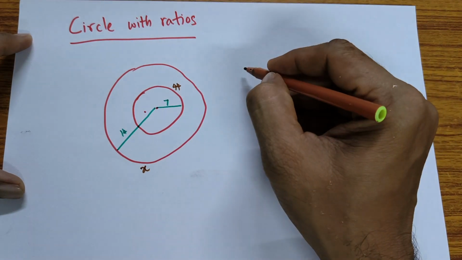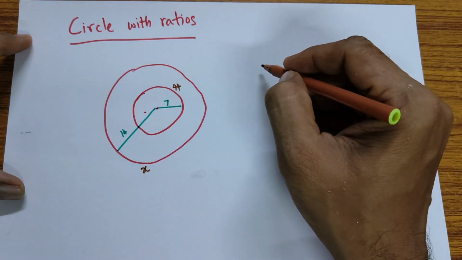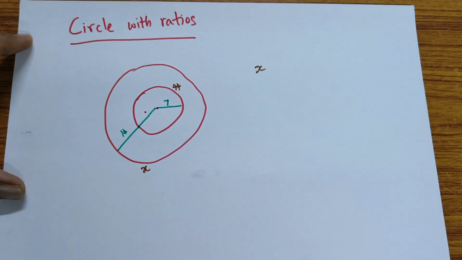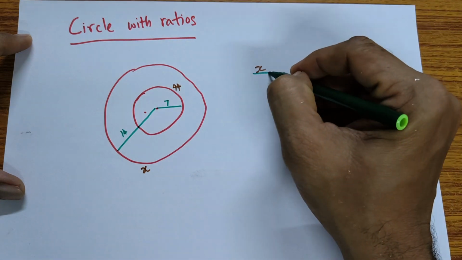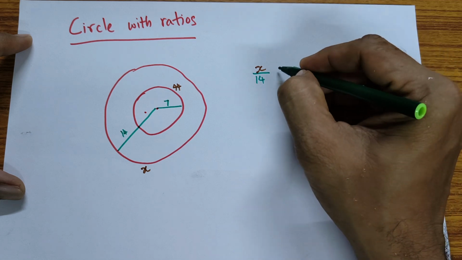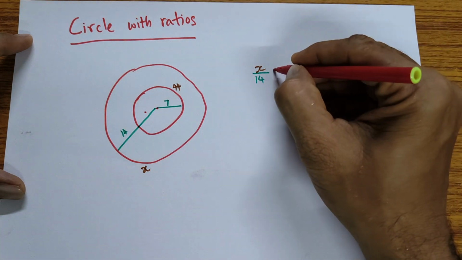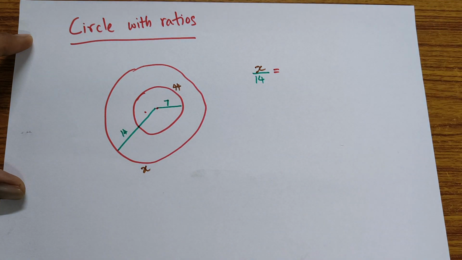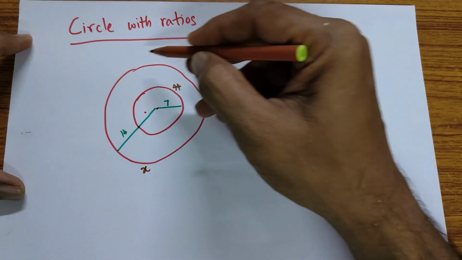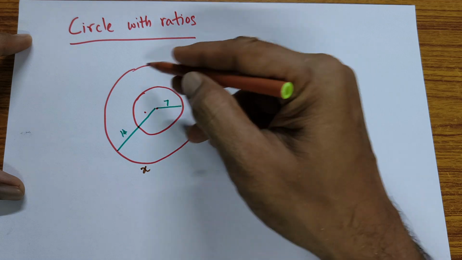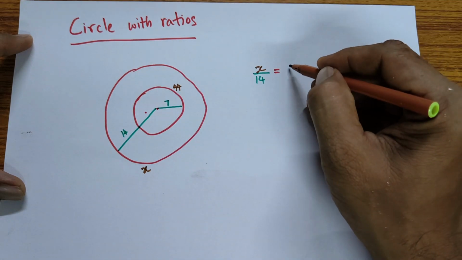Right? So then I can do a ratio. I can say, okay, x by 14, the same as 44 by 7, where x is the perimeter or circumference, and 44 is also the perimeter.